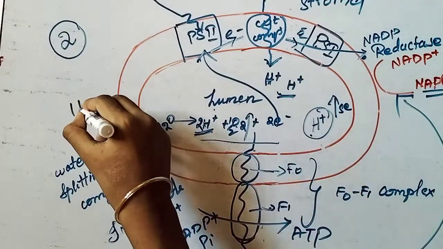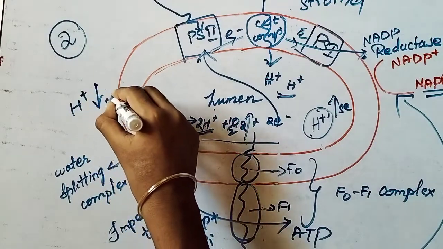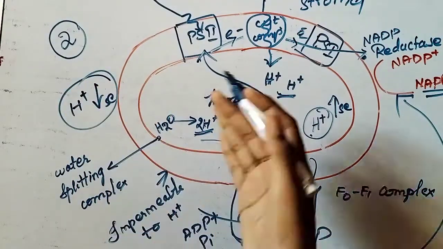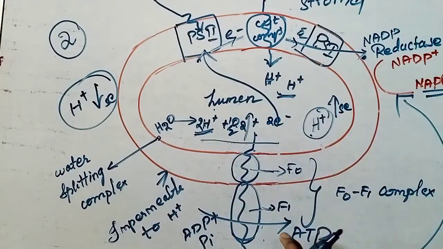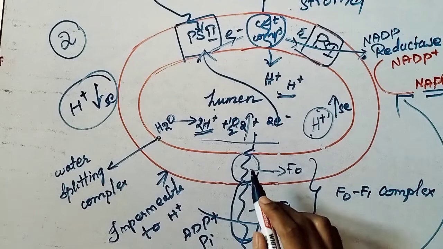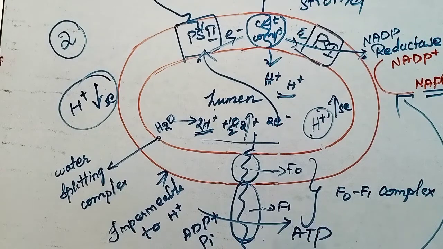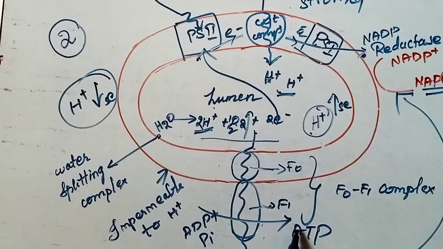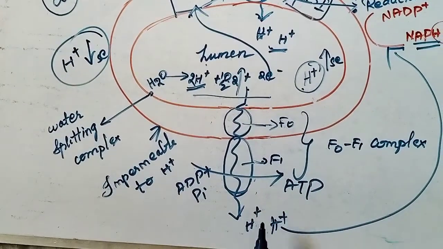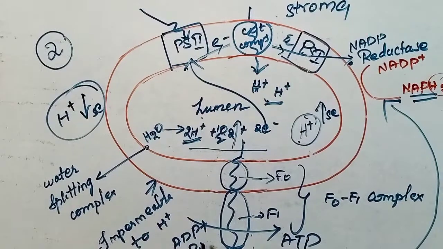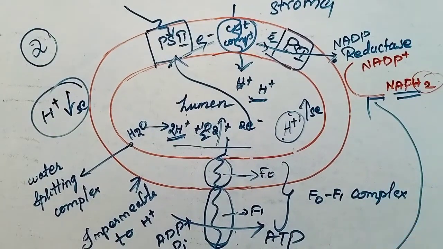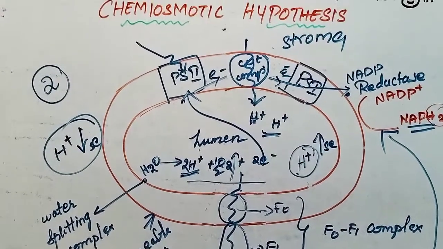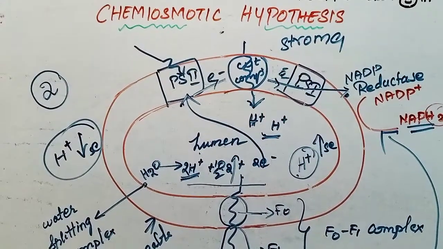So hydrogen in the stroma decreased, correct? To fulfill that, the hydrogen comes through the F0 F1 complex, and while carrying the hydrogen to the stroma, ATP is formed. This hydrogen is used in the formation of NADPH2. That's it, the chemiosmotic hypothesis. Okay, children, clear?